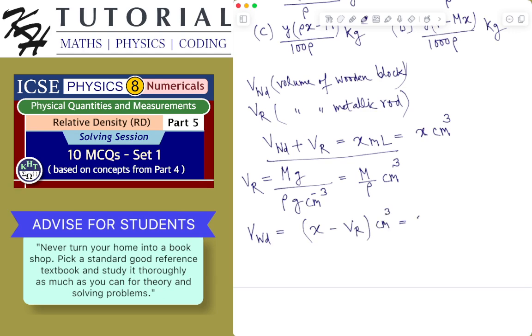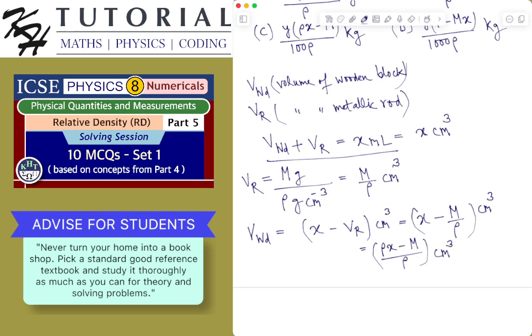V_R is the volume of the rod, which we have found to be M by rho. If we simplify, x minus M by rho, it will be rho x minus capital M divided by rho. This much centimeter cube is the volume of the wooden block.